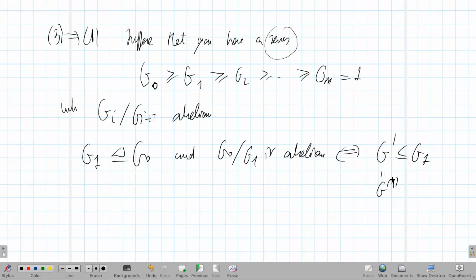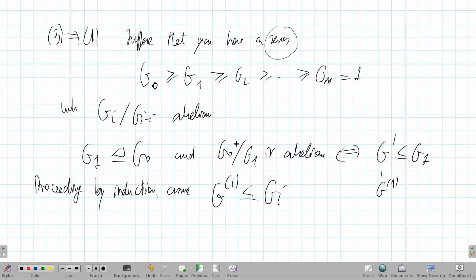And now you see where I'm going. Proceeding by induction, assume G superscript i, that's the ith term of the derived series, is contained in Gi. This is the ith term of this series with abelian quotients, okay?